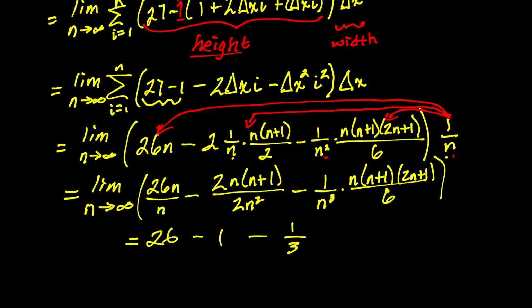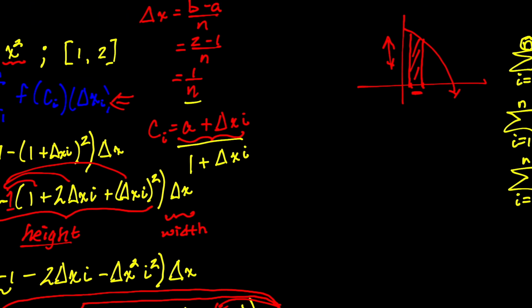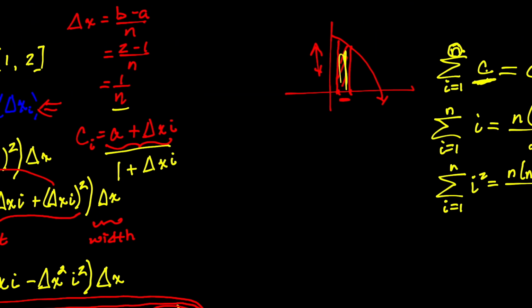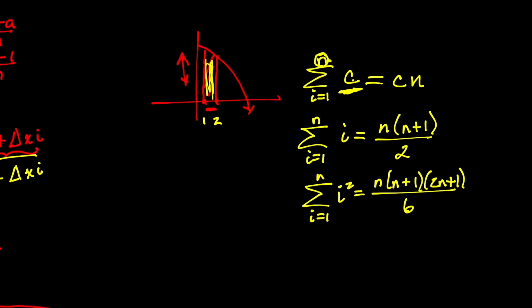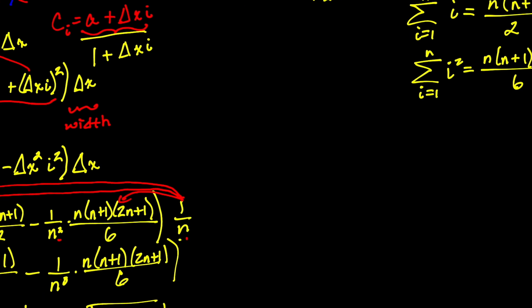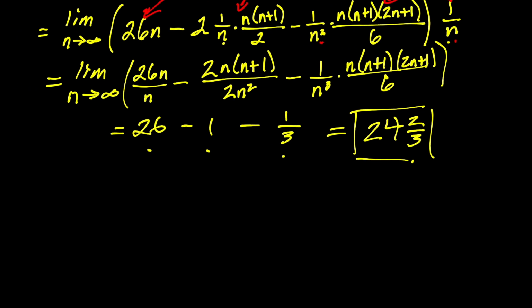So 26 minus 1 is 25, and 25 minus 1/3 equals 24 and 2/3. So that would be the exact area under this curve, this section right here. We're going from 1 to 2. And when you start to learn how to do this using integrals, you'll get the same answer, 24 and 2/3.